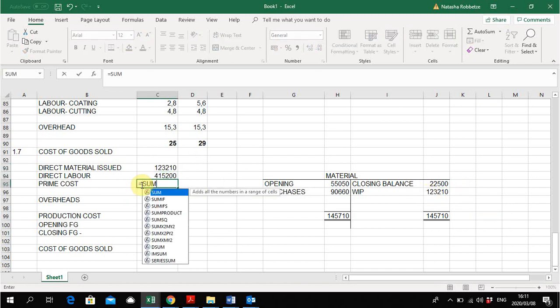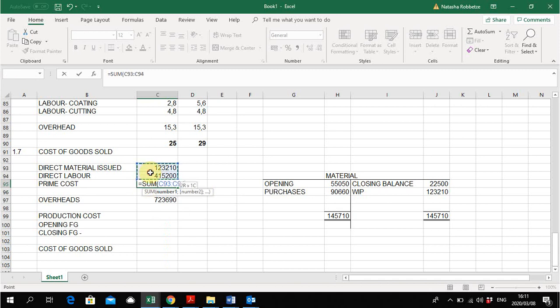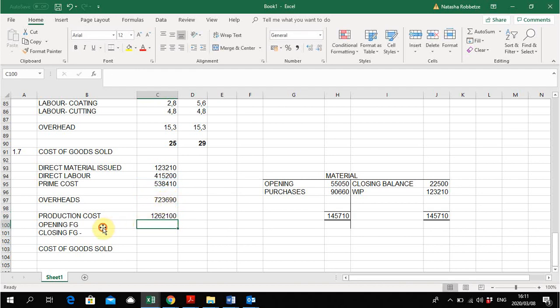Prime cost, sum of direct material and direct labor. Production cost, prime cost plus overheads. Then the finished goods. So now we have done a cost per unit. So let's just start with the closing finished goods.